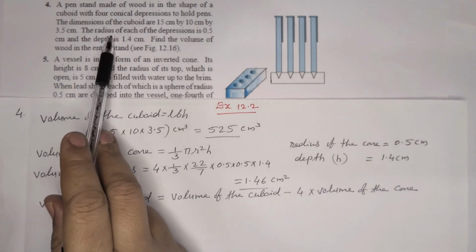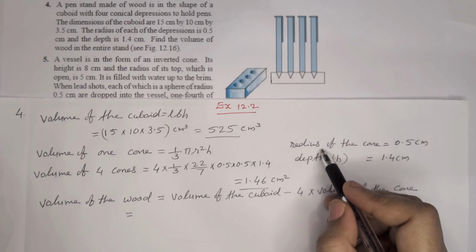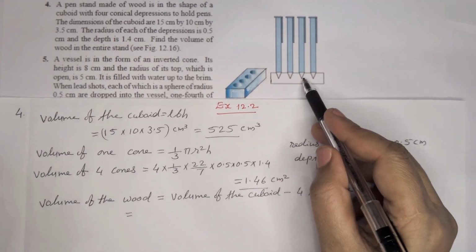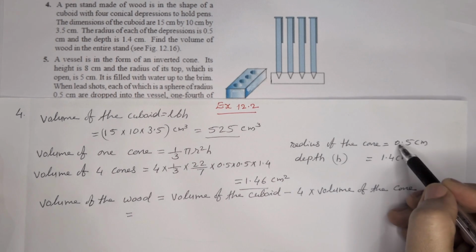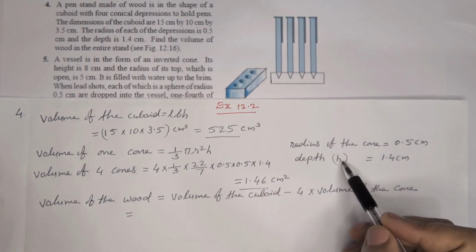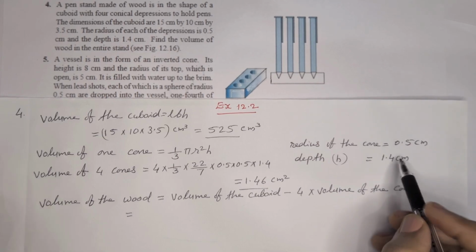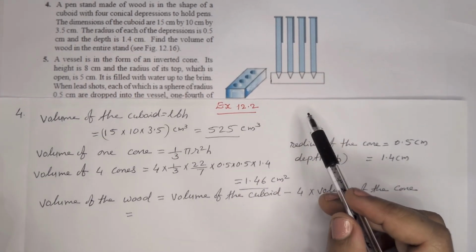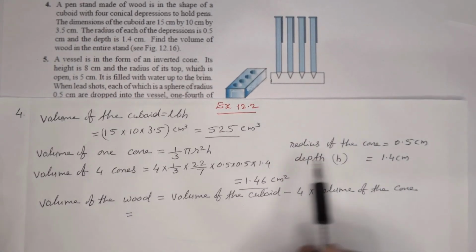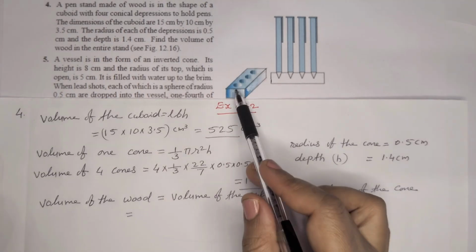Then it is given that the radius of each of the depressions is 0.5. That means the radius of the cone is 0.5 centimeter, and the depth, meaning the height of the cone, is 1.4 centimeter. Find the volume of the wood in the entire stand. So the volume of one cone is 1 by 3 pi r square h, and 4 such cones are there.